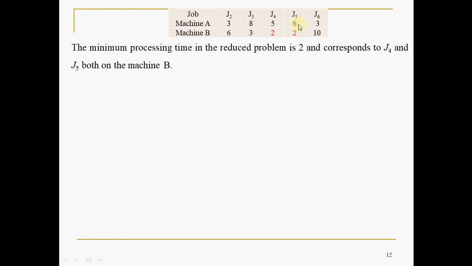Which is having more processing time on the opposite machine? Job 5. Hence job 5 is sequenced first. In this case the tie is on the least processing time on machine 2, so from right to left you have to fill, first from right to left, in other words.